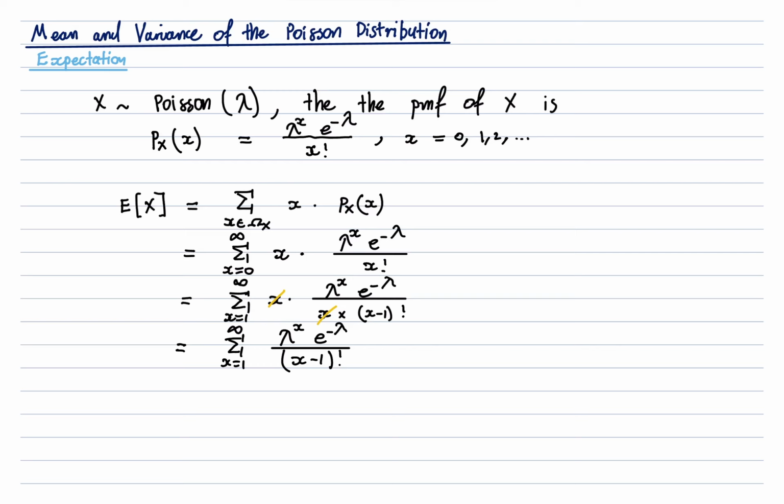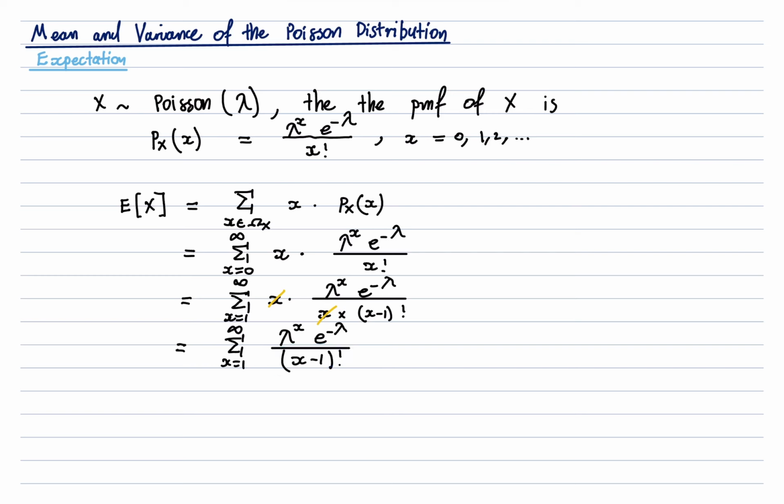What we're going to do is try and make this expression look like an expression we're more familiar with, in particular a Poisson PMF, or another Poisson PMF. A Poisson PMF typically has an x factorial in the denominator. Here we've got an x minus 1, which is a bit of a problem to deal with.